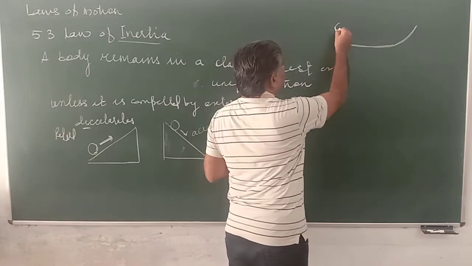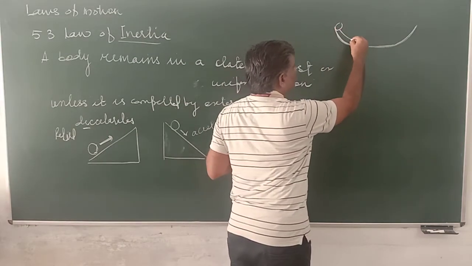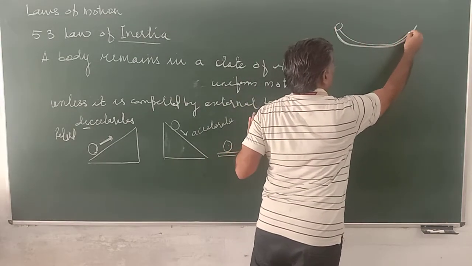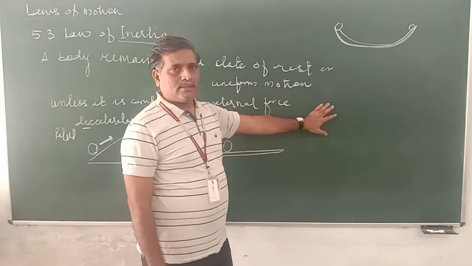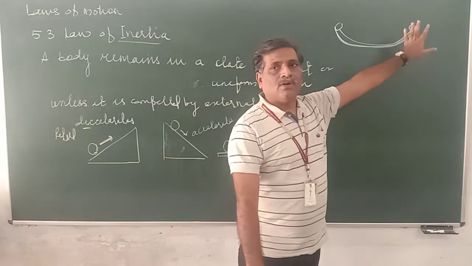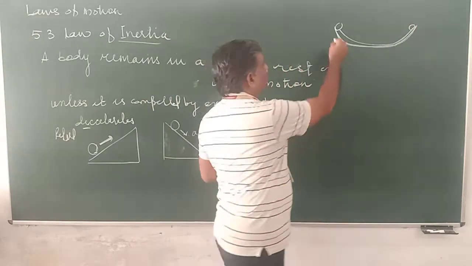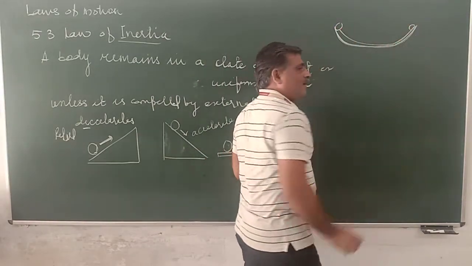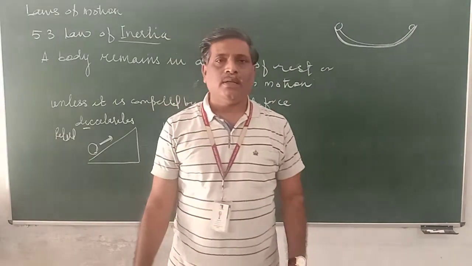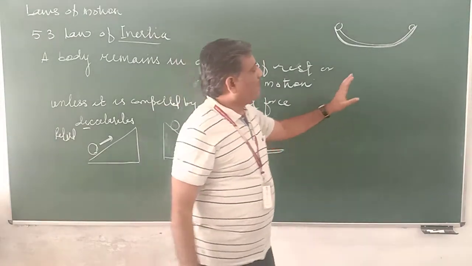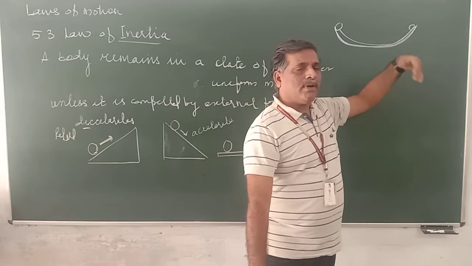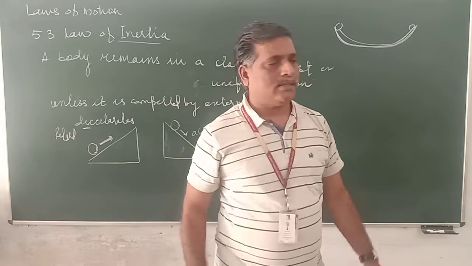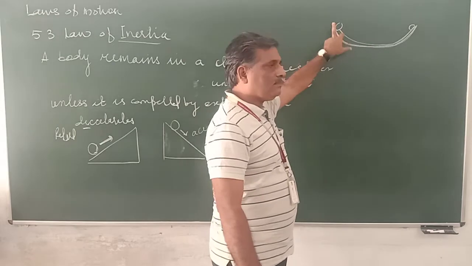When the ball is released from this one, it moves and then climbs up to an equal height, or a little less, but not greater. It never climbed to a greater height than this.